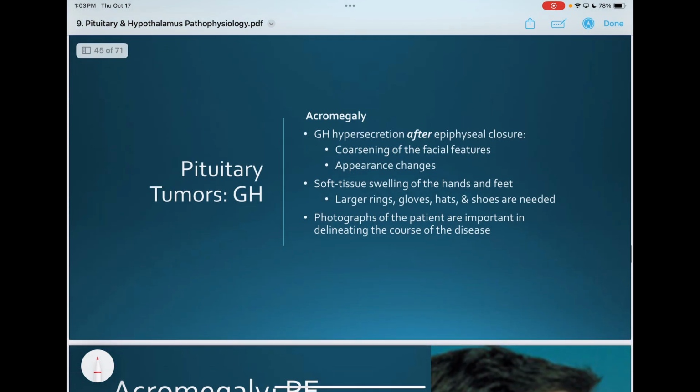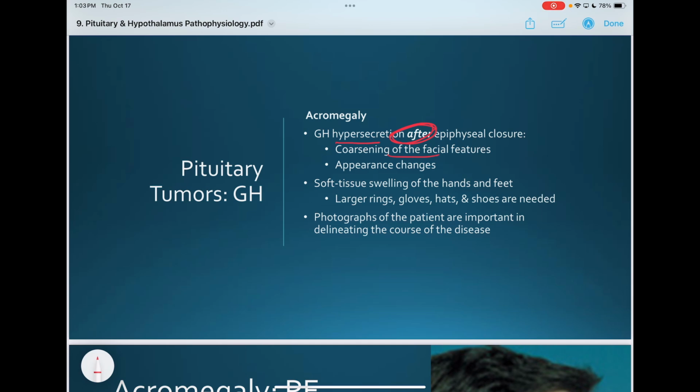Now, let's talk about acromegaly. Acromegaly is growth hormone hypersecretion after the epiphyseal plates close. So the growth plates have closed, and with acromegaly they start getting a lot of changes. Coarsening of their facial features, appearance changes.